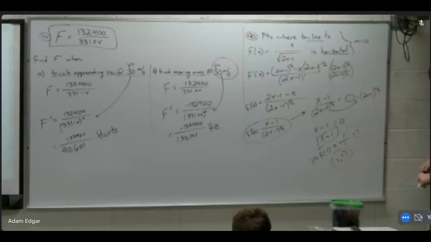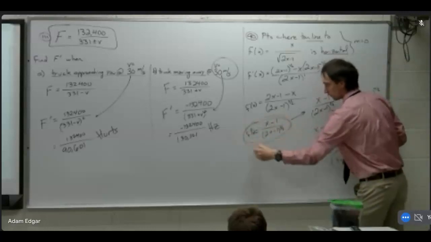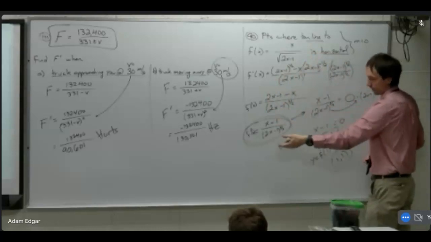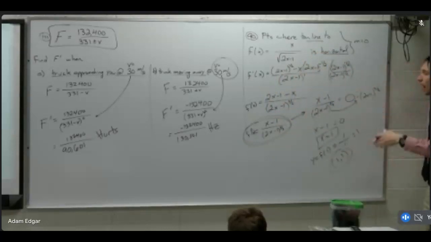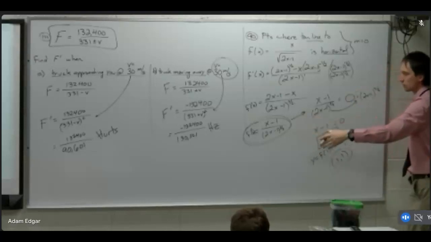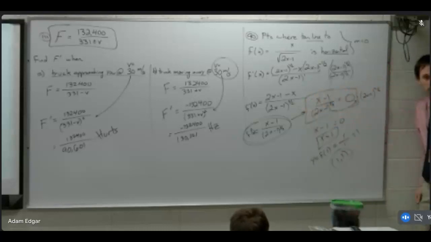So on your test, quiz, whatever we call it, where do you get points? You get points for your derivative. You got to show work to back it up. You get points for your derivative, 1 or 2 points. Then you get a point for just setting up this equation: derivative equals slope, and slope is 0. Boom, that's a point.